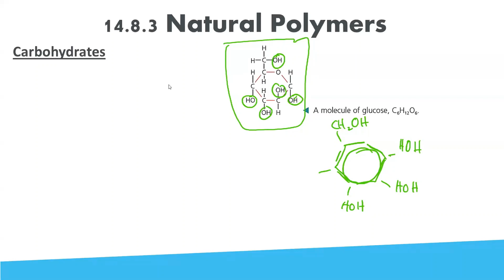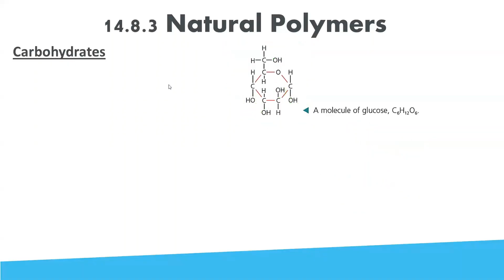So you can see there are so many OH, right? We can represent the same structure in a different way. How? What we do is we take a bracket for everything other than the functional group.